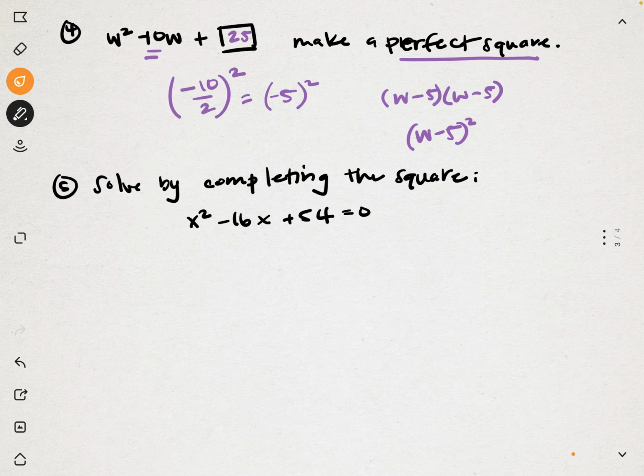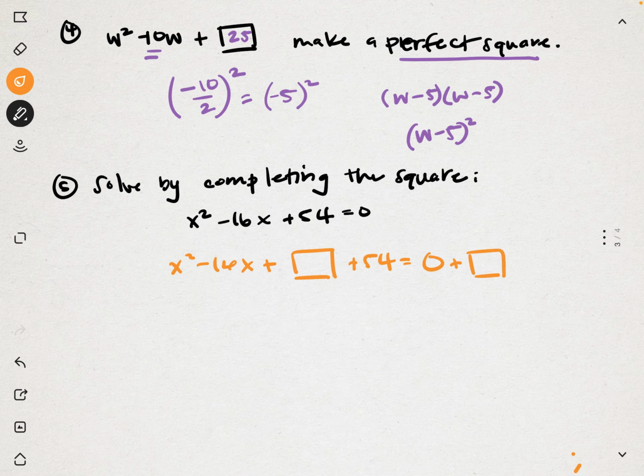Okay, so number 5, it says solve by completing the square. So we're going to do what we did in the top. We're going to leave this blank here. And then we're going to put a blank here too, I guess. You don't have to, but I'll do it so you see that we're balancing it out.